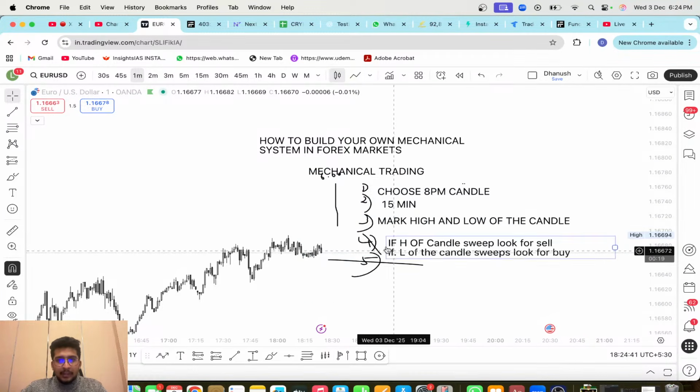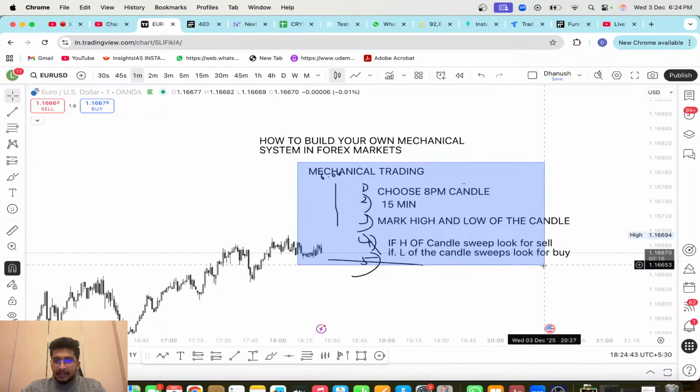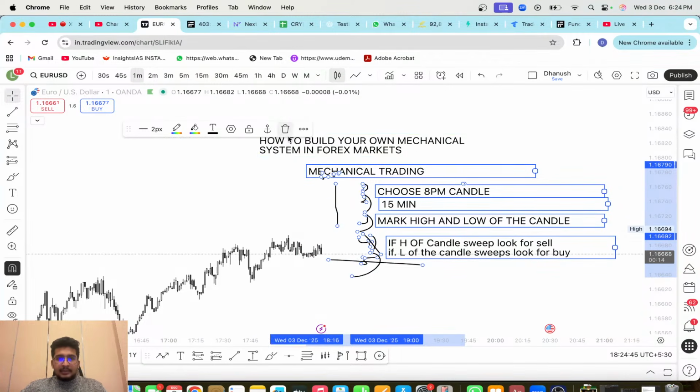So this is how we need to frame a framework. Now this is an example.